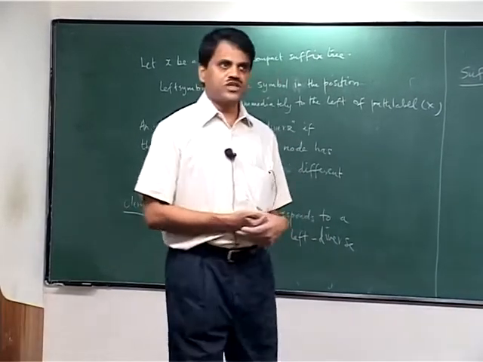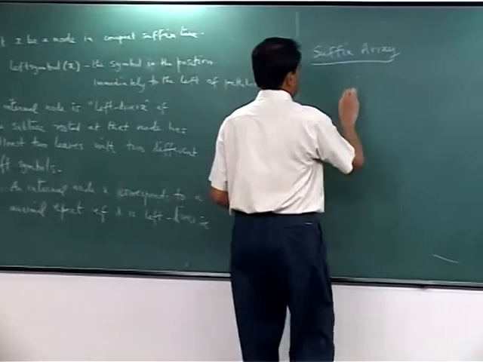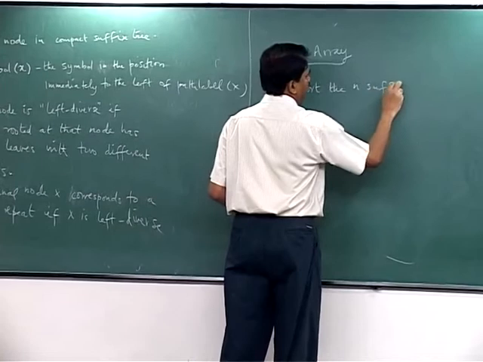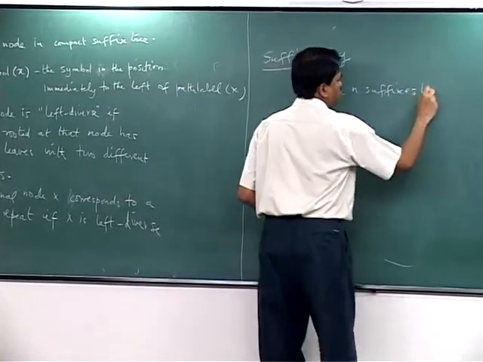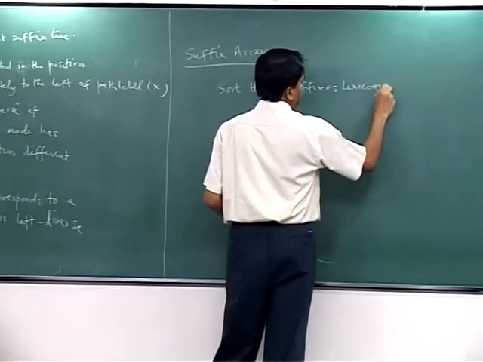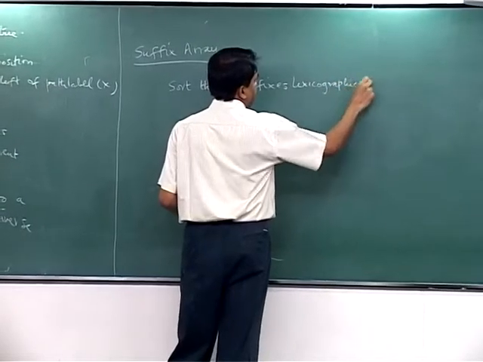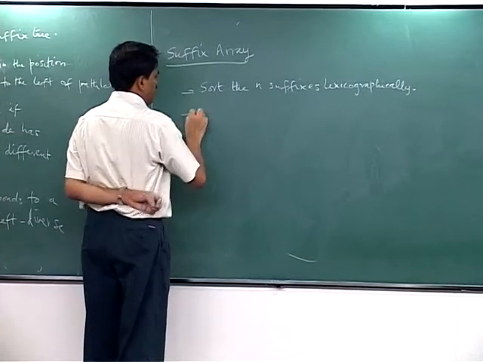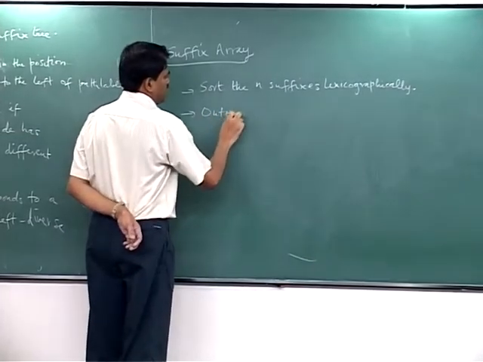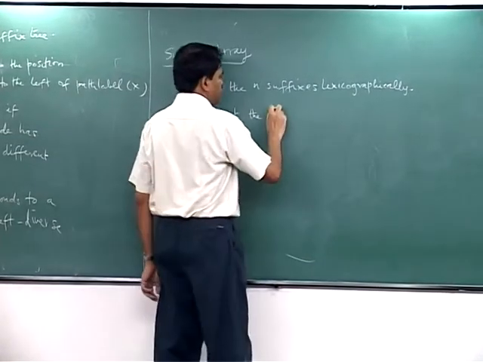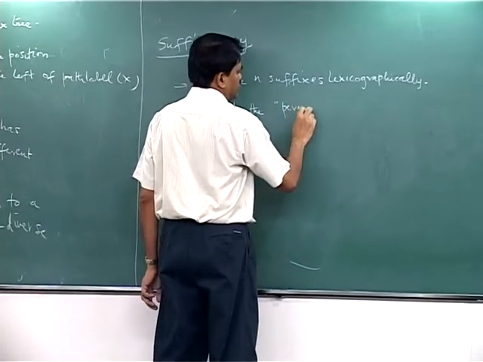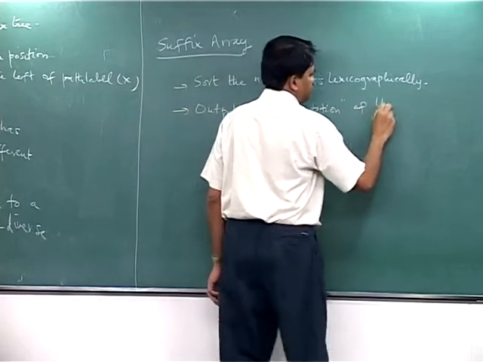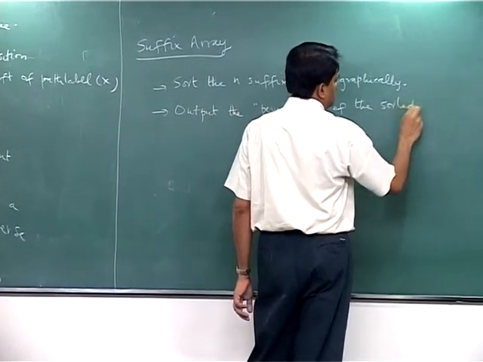Okay, so sort these n suffixes, and output the permutation of the sorted order. That's the suffix array.